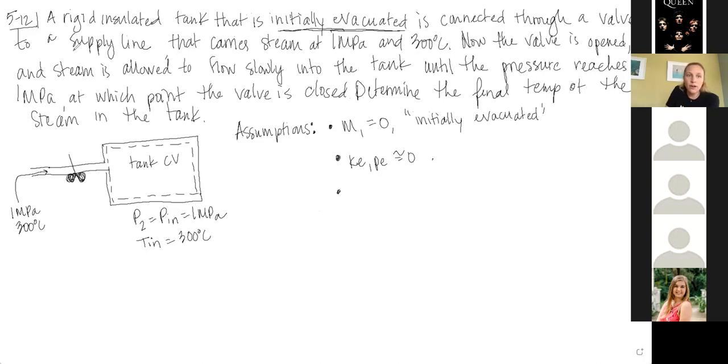So one of the other things that we have here, a rigid insulated tank. So what assumption does that lead us to? No exchange in temperature. I'm not sure that we get that assumption from the fact that it's a rigid insulated tank.